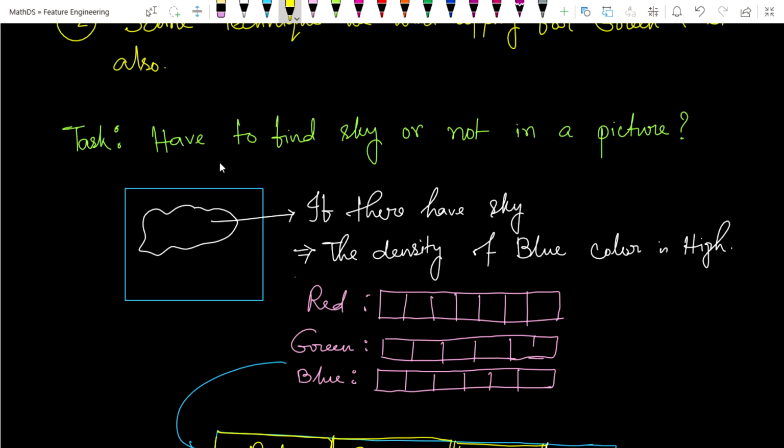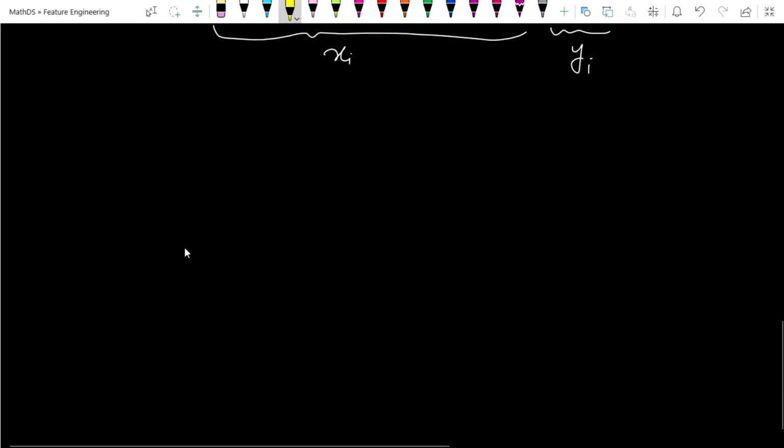So the color histogram that we have seen only gives us some intuition about whether there is some object or not, based on the color concept. Suppose we have to detect whether there is some face, some size, some shapes or not. Suppose we are interested in finding whether there are human faces, or shapes like triangle or square in that image. These things are not given by the color histogram.